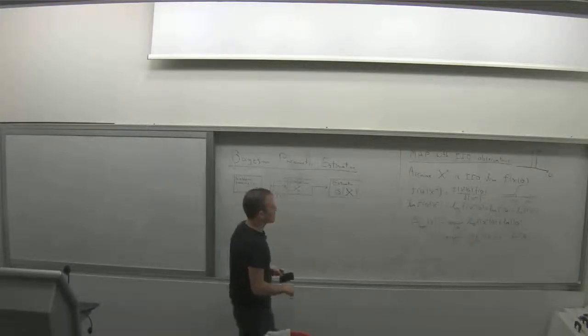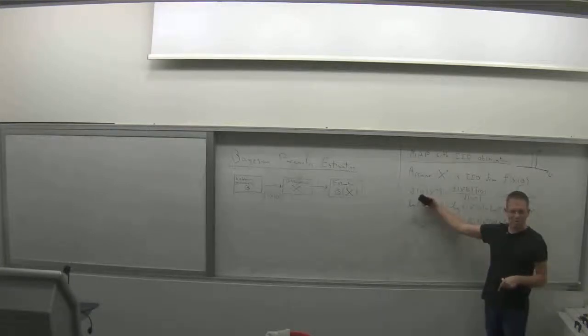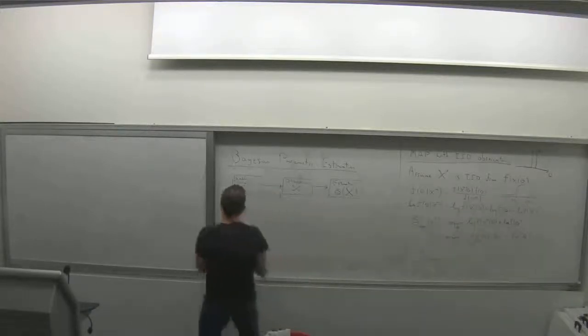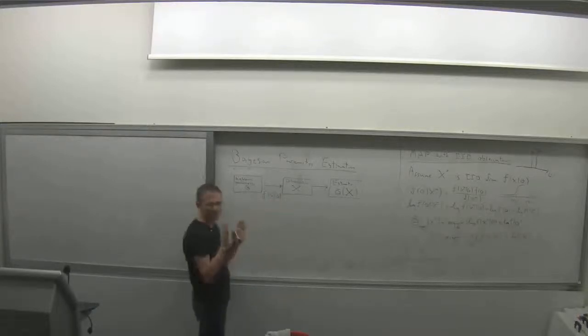So we will no longer be allowed to write things like posteriors, because you're allowed to write posteriors only if this thing is a random variable. We will keep this notation of f of x given theta, because we're conditioning on theta. It's true that when you write this, you think of theta as a random variable, but we'll keep this notation and agree that we're not thinking of it that way.